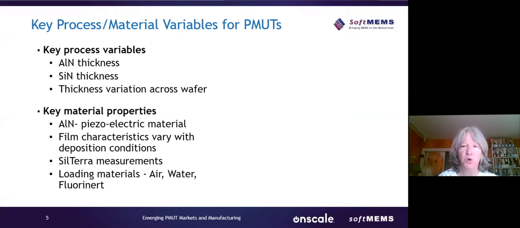In order to do good simulations, as Ian will tell you next, we really have to have accurate material properties. The key ones that we want to look at for PMUTs are the piezoelectric coefficients for the aluminum nitride. It's a piezoelectric material, so we have to look at the piezoelectric matrix, Young's modulus, things like that.